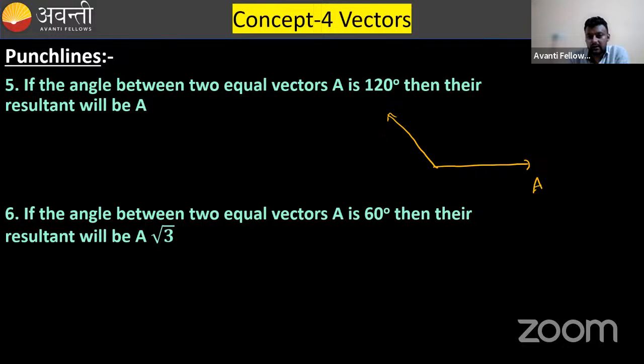There is no change. The resultant equals A itself. Similarly, if two vectors make an angle of 60 degrees, what will be the resultant? A root 3. I hope these punchlines are clear to you.